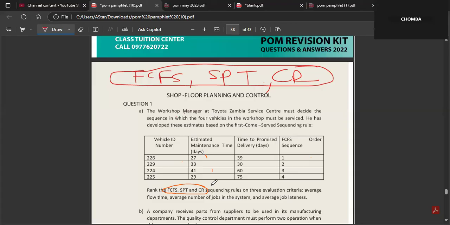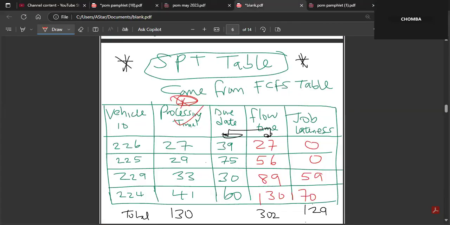You know what I mean? So the shortest processing time is telling us that no, you need to start with the vehicle that will take the minimum possible time to begin with. Is that okay with you now?